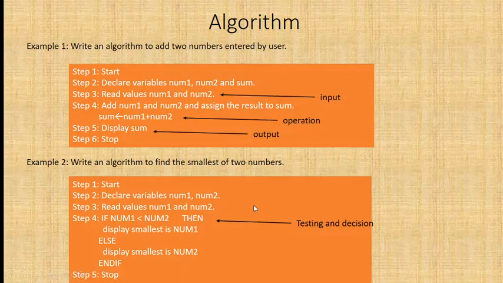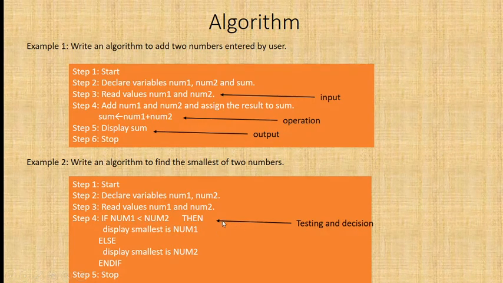In this example, we have a decision. We want to compare two numbers, so we have a test, and then a decision. We have to test these two numbers and decide whether it is the smallest or not. So we use if num1 is less than num2. You can also use if num1 is bigger than num2, it's okay.